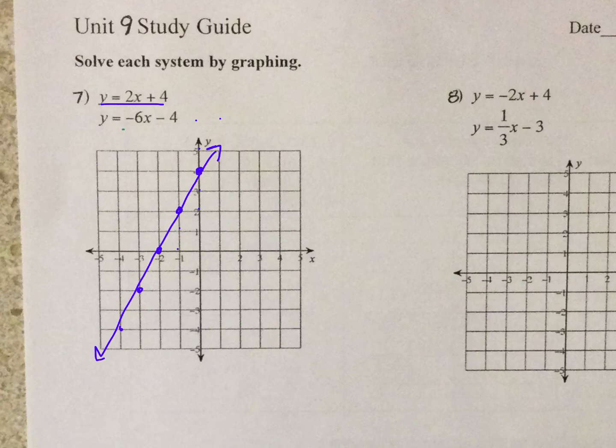My second line starts at -4. I'm going to go up 1, 2, 3, 4, 5, 6 and over 1. So my goal is right here where they cross. That's what I'm trying to figure out. So these guys cross at (-1, 2).